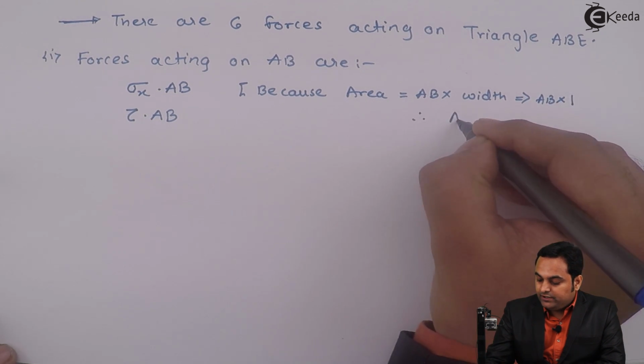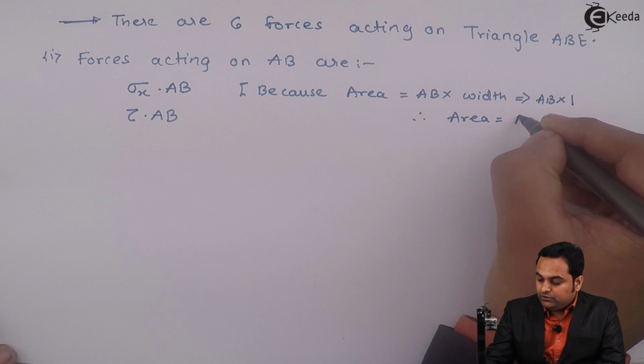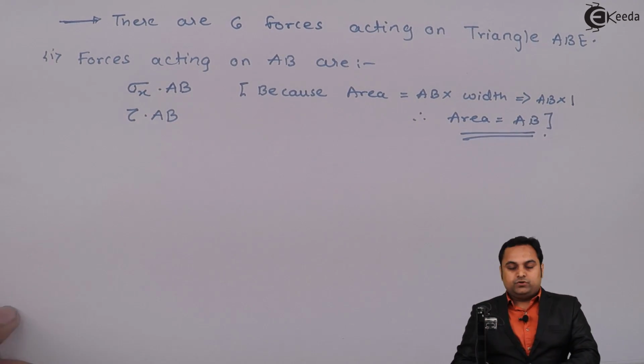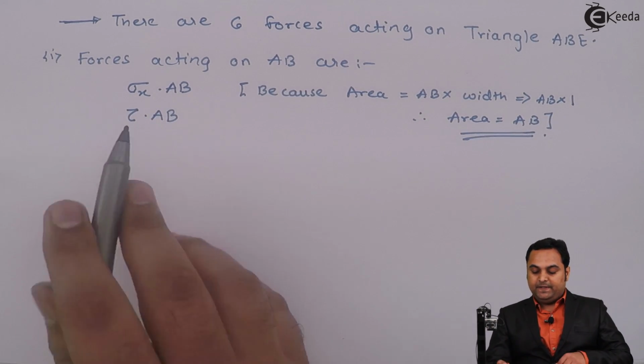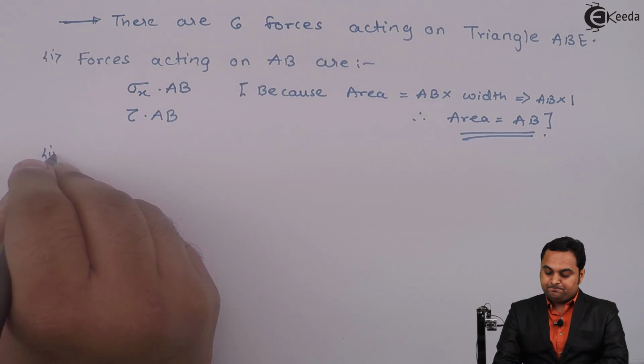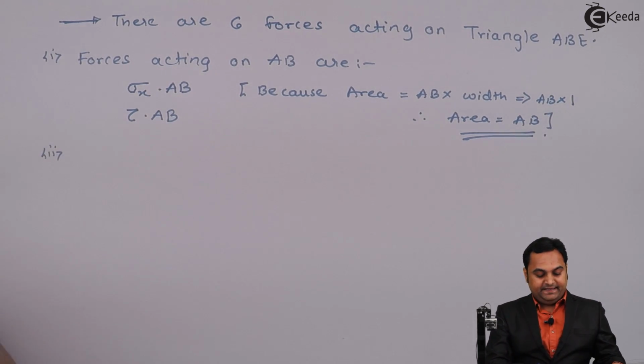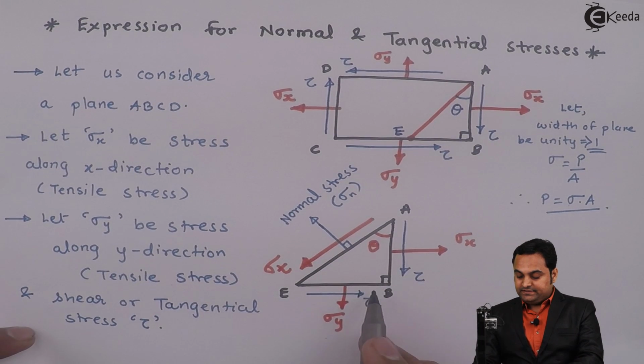So therefore area is equal to AB. So these are the forces acting on AB. Next, forces acting on BE, that is this side BE.